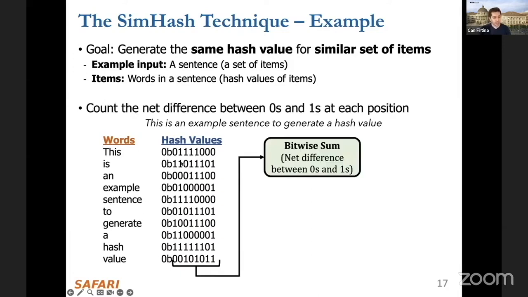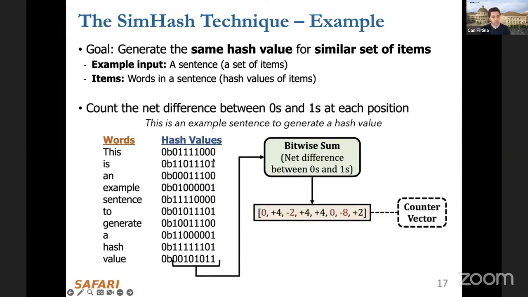What we essentially do in the SimHash technique is we count the net difference between zeros and ones at each position of these hash values that are represented in their binary form. I'll show it with an example, how we count such net differences of zeros and ones. Here the zeros will be the 0 bits and the ones would be the 1 bits.